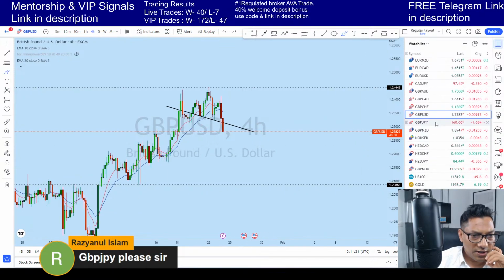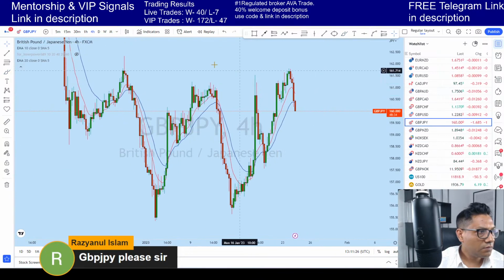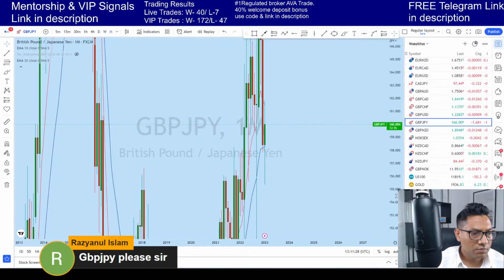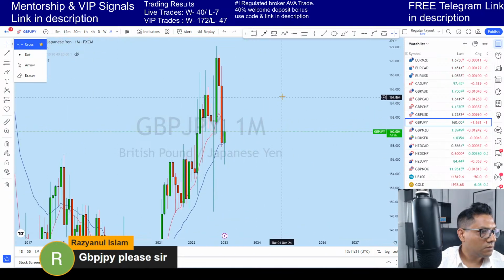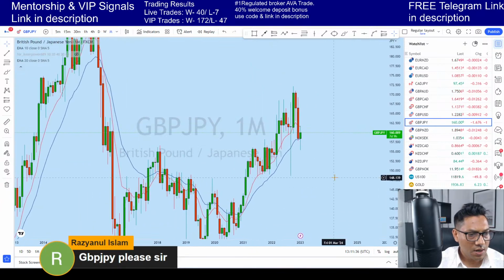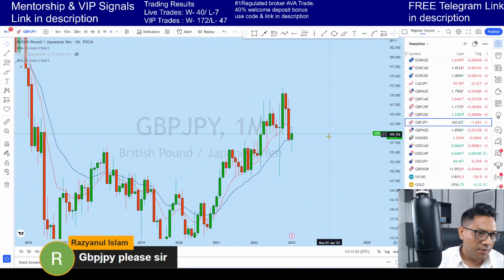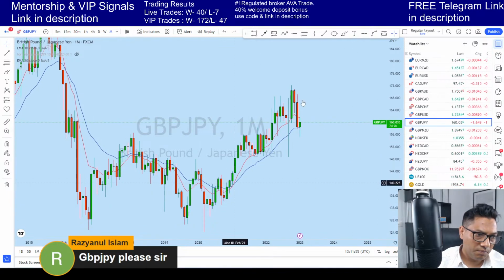Okay, so let's look at GJ, GBP JPY. If we look at the monthly on GBP JPY, this is a long-term bullish market, as you know.